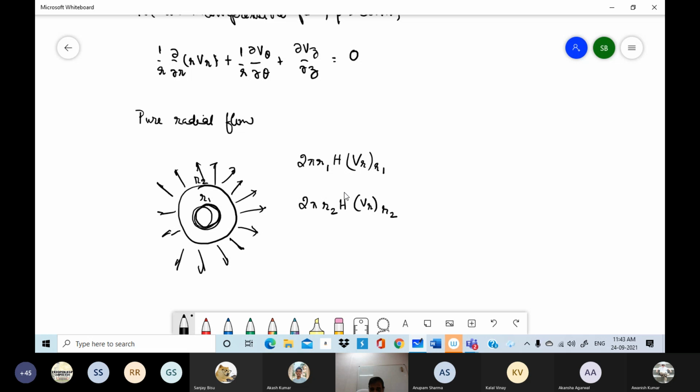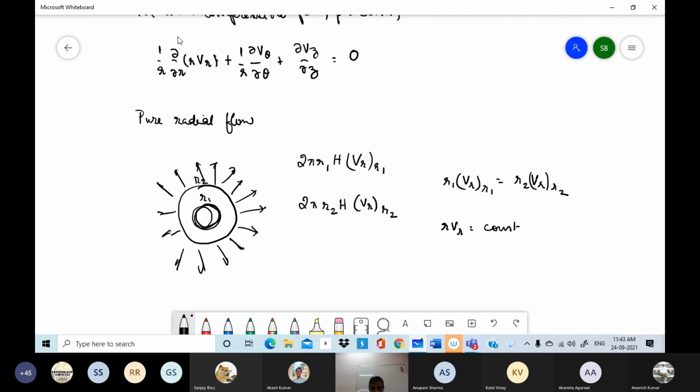Now two pi h do not change with r. So then I must have r1 into Vr at r1 equal to r2 into Vr at r2. So therefore, r Vr is equal to constant.